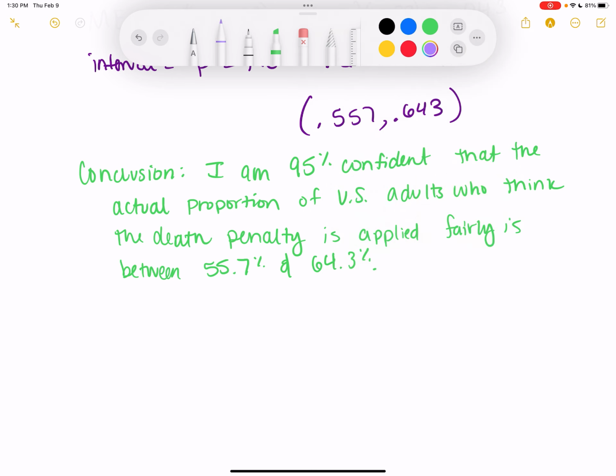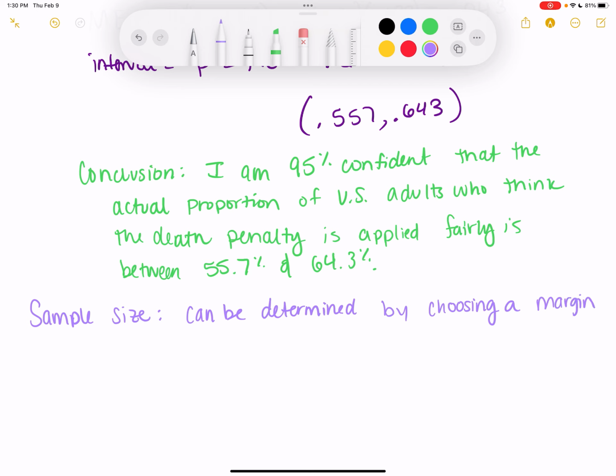All right, so with sample size, there's the hypothetical possibility that we don't know what the sample size was originally, so we may have to find the sample size. This can be determined by choosing a margin of error.